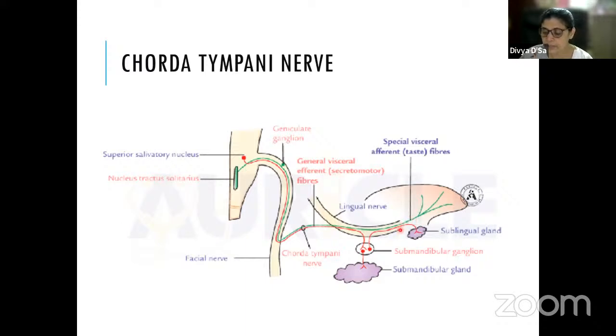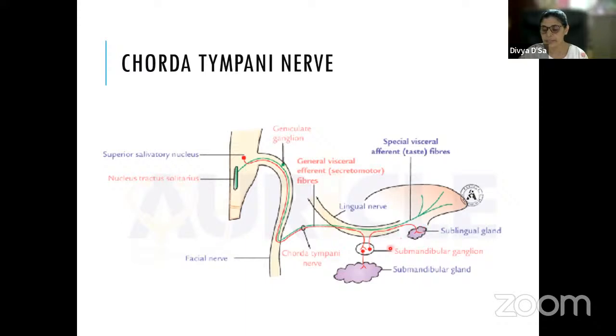The parasympathetic, that is the preganglionic fibers, go to the submandibular ganglion. Then the postganglionic fibers will supply both the submandibular as well as the sublingual gland.